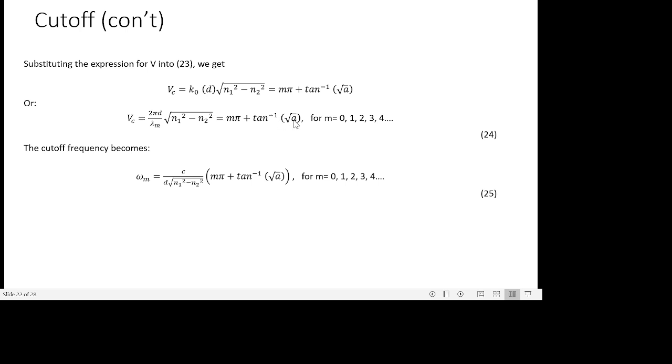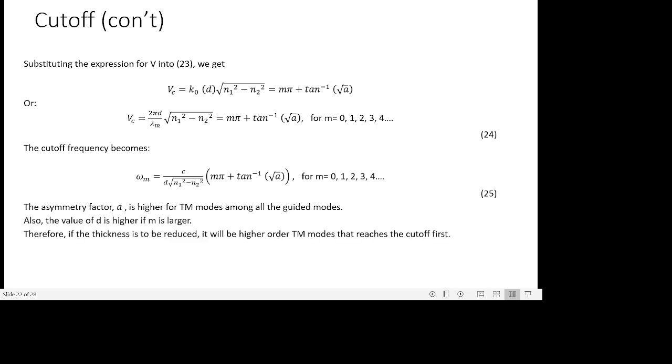And the largest value on the right side is when a is largest. a is largest in TM modes. The asymmetry factor is going to be larger for TM modes. So if the thickness is reduced, then the higher order TM modes will be cut off first.